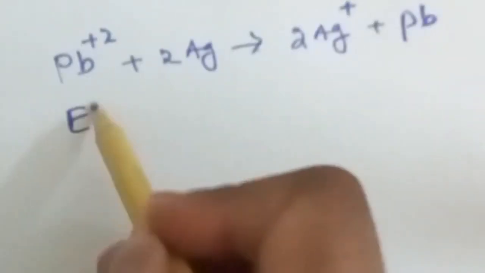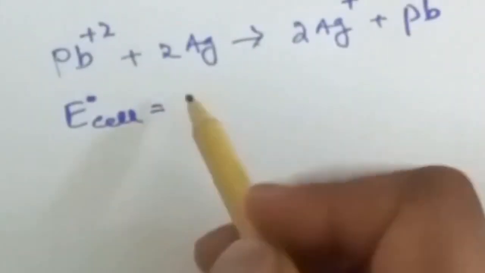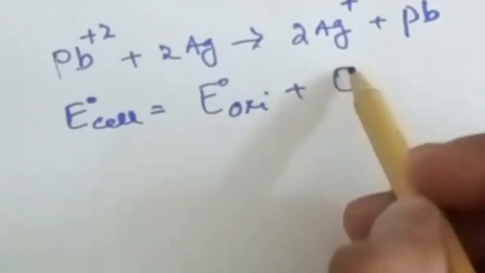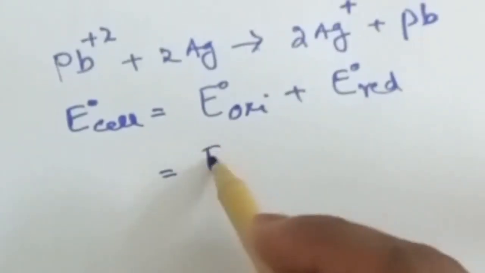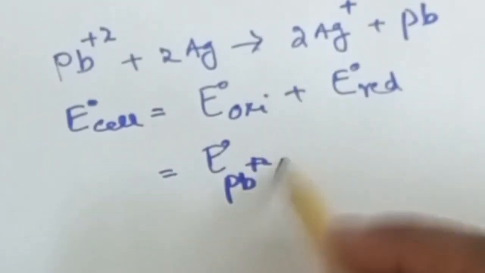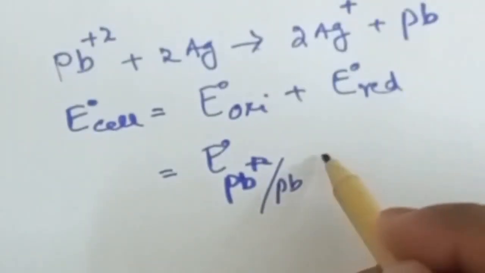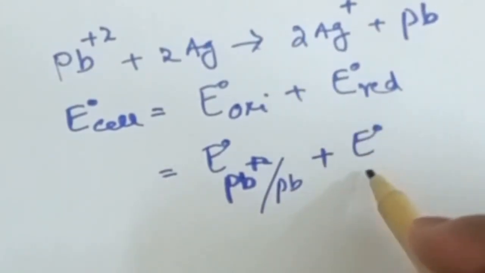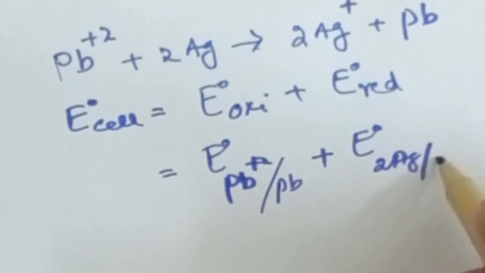So the electrode potentials are both added to find out the cell potential, that is oxidation potential plus reduction potential. So in this case the cell potential is equal to the electrode potential of lead plus the electrode potential of silver.